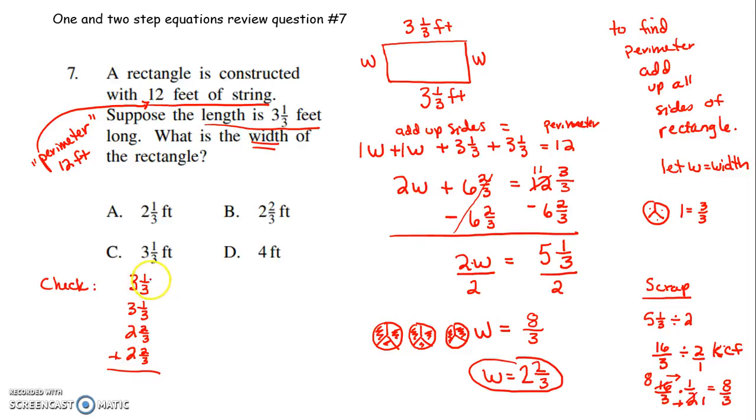All of my fractions are already in thirds. 1 plus 1 is 2, plus 2 is 4, plus 2, so that's 6/3. And then here, 3, 6, 7, 8, 9, 10. 10 6/3. Well, 6/3 is 2 whole circles, so 10 and 2 more whole circles, we're up to 12 feet.